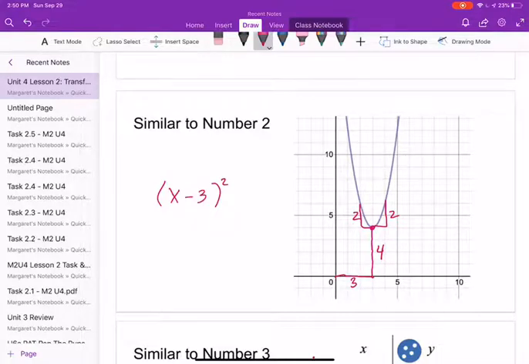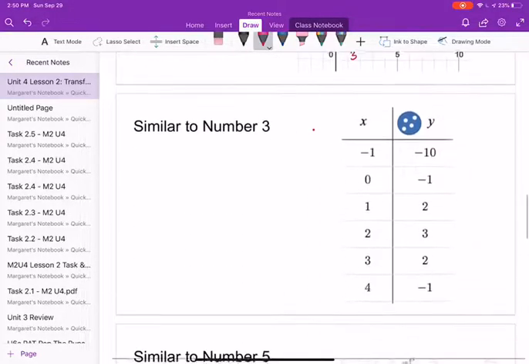Then the up 4 is added after the x has been squared, so that is on the outside here. And the growth factor of over 1 up 2 means that we multiplied the area by 2. So in our case, we're going to have 2 times (x minus 3) squared plus 4. Your number 2 looks just like this, but with different numbers.